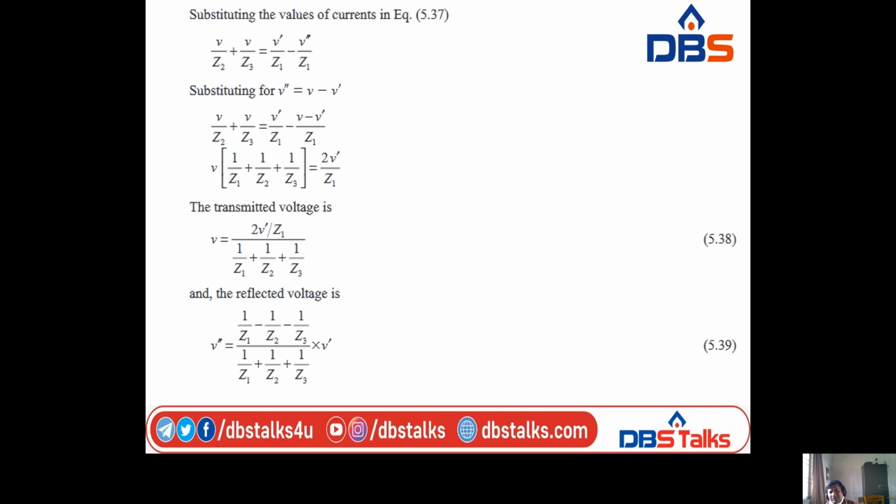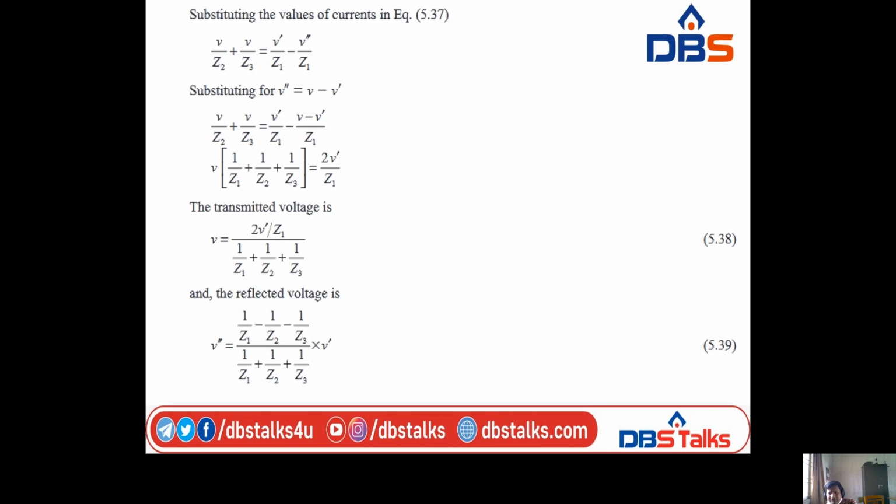From that, V double dash is equal to V minus V dash, right? V by Z2 plus V by Z3 is equal to V dash by Z1 minus V by Z1 plus V dash by Z1, that is equal to 2V dash by Z1 minus V by Z1.